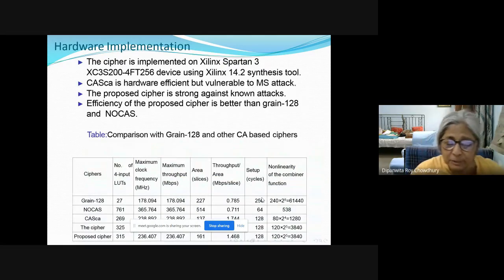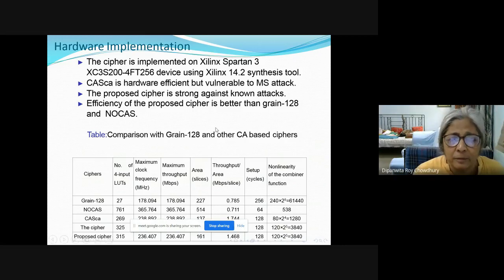Now I will quickly tell you, just give me 1 or 2 minutes. We have implemented the full thing in hardware, because Cellular Automata is well suited for hardware. This is another big advantage, as all of you know. It has an analytical background; it evolves in a totally mathematical way, so we can analyze all the properties, and it is again very useful for hardware implementation.